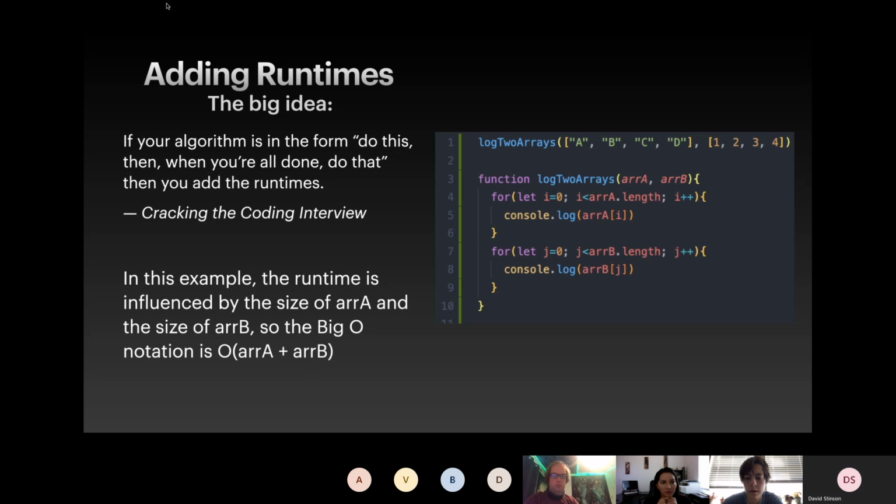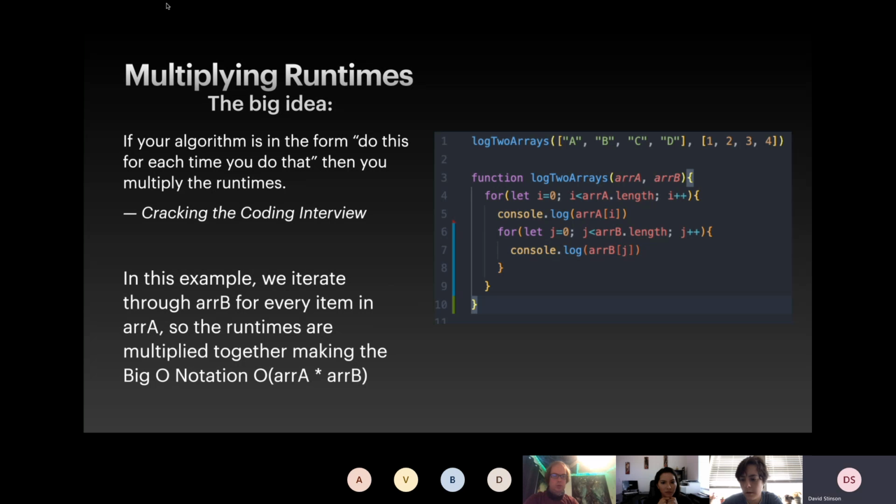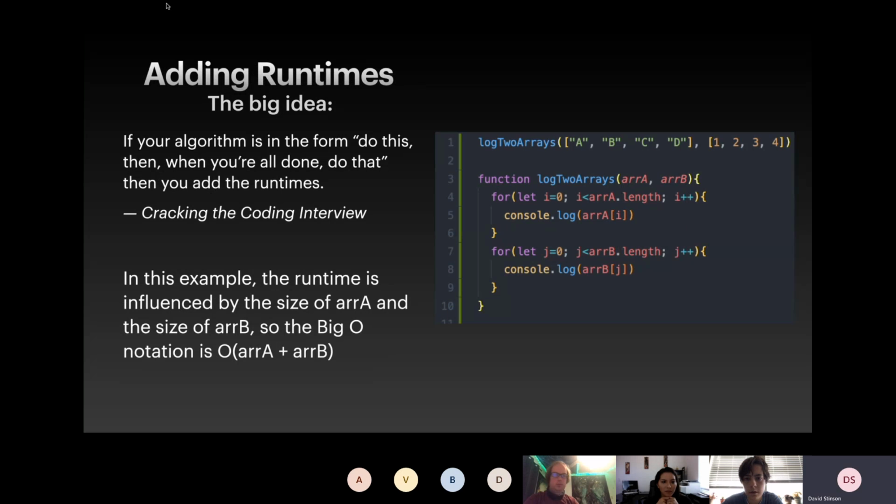Cool. And just to touch on that point again, sorry to keep going back to this, but say we had another for loop here that iterated through array A again. There's just an additional one. So we'd have a total of 3 for loops that execute consecutively.